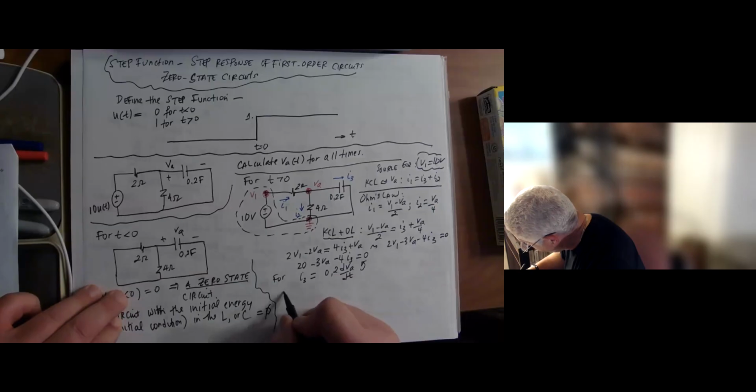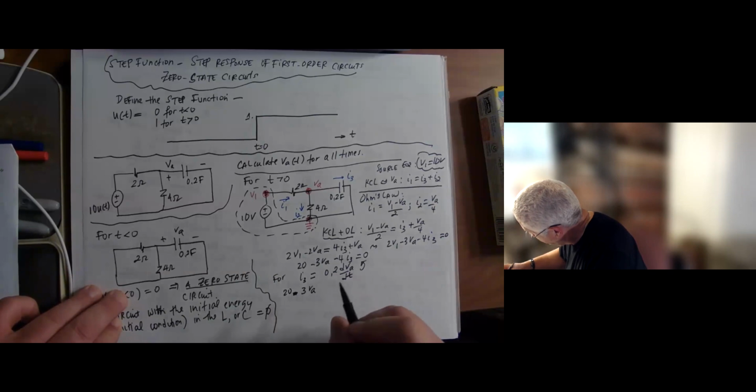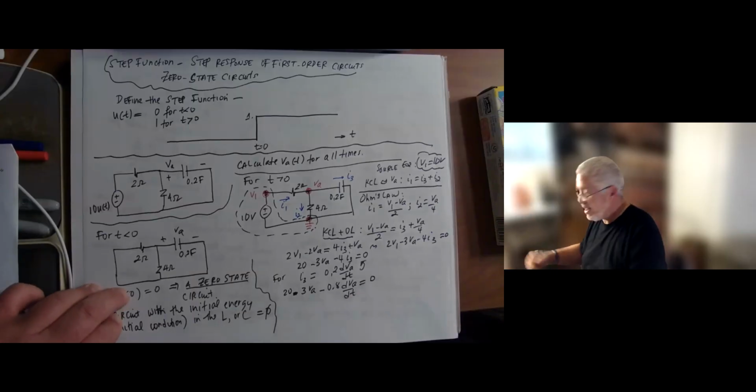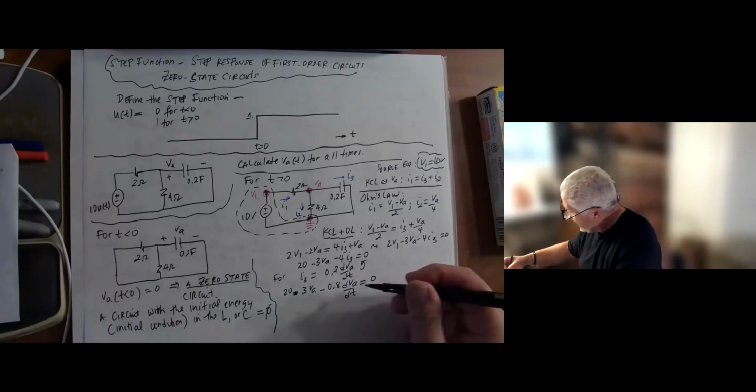So we have 20 minus 3VA minus 4 times I3, so minus 0.8 dVA/dt equals 0. And you can see the differential equation coming into play here.